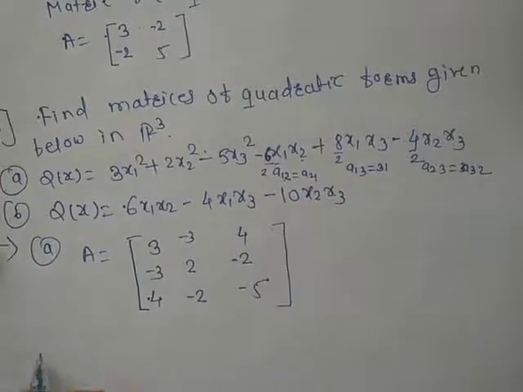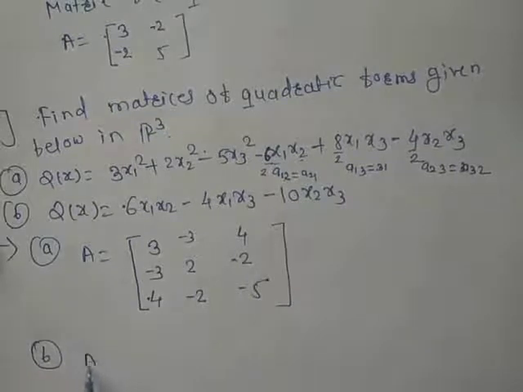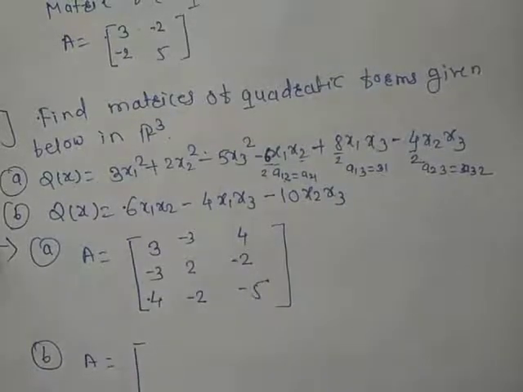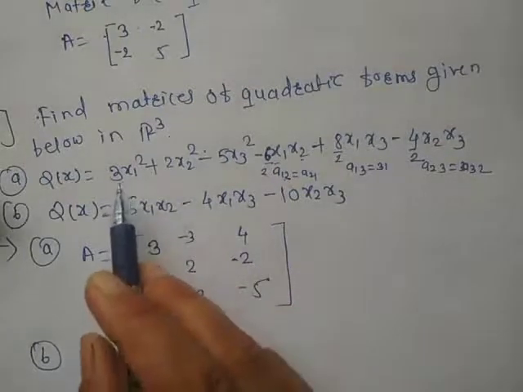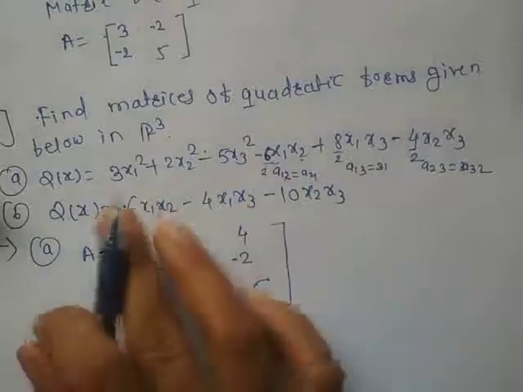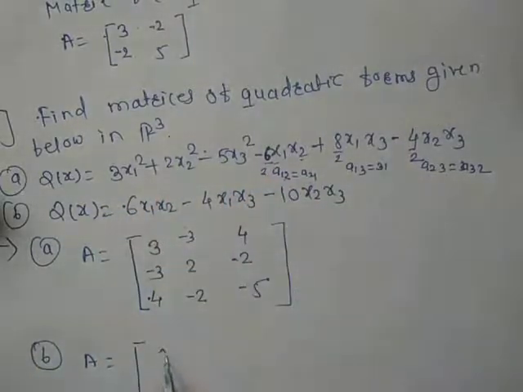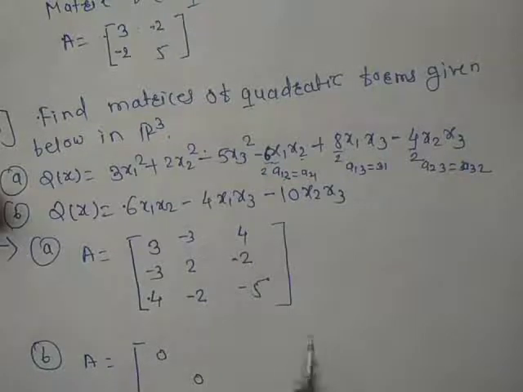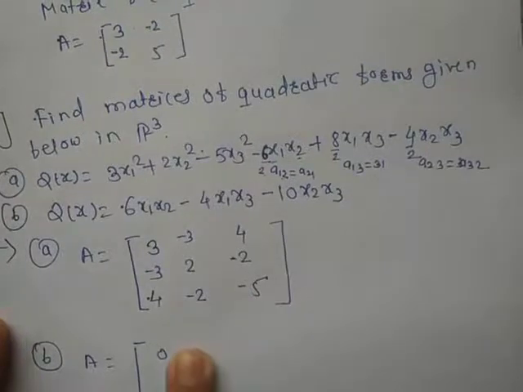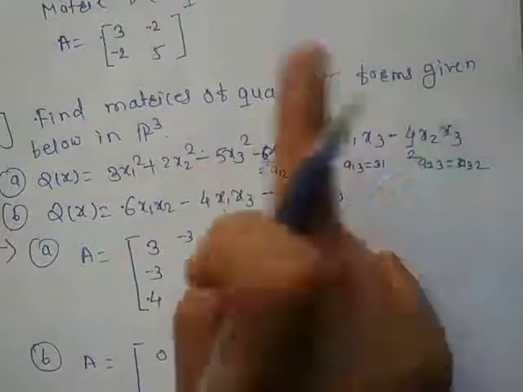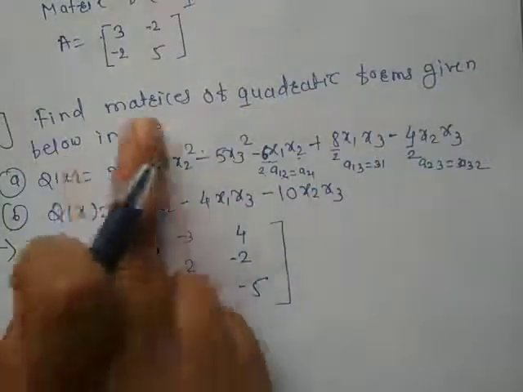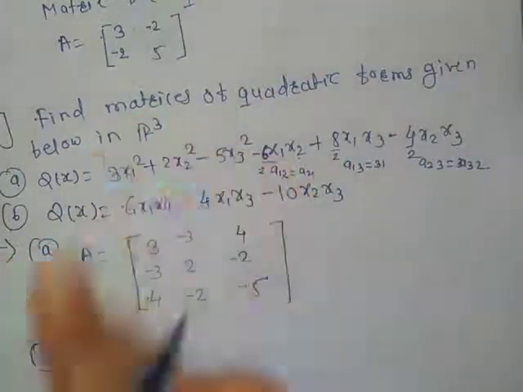Okay, now solve B. Students, see here. Here square terms are absent, so all diagonal entries are 0. Here we have 1, 2, 3, so it is a matrix of order 3 by 3. We have to find the matrix of the quadratic form given in R3.